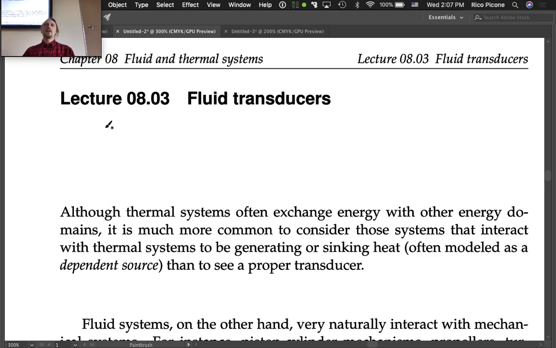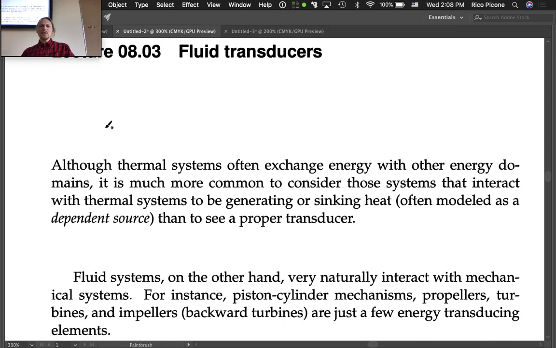That'll give you a flavor for the types of fluid transducers that are available or that you can model using these techniques. The one we'll do in this example is a turbine, but there are a bunch of different options. But first, let's talk about thermal systems.